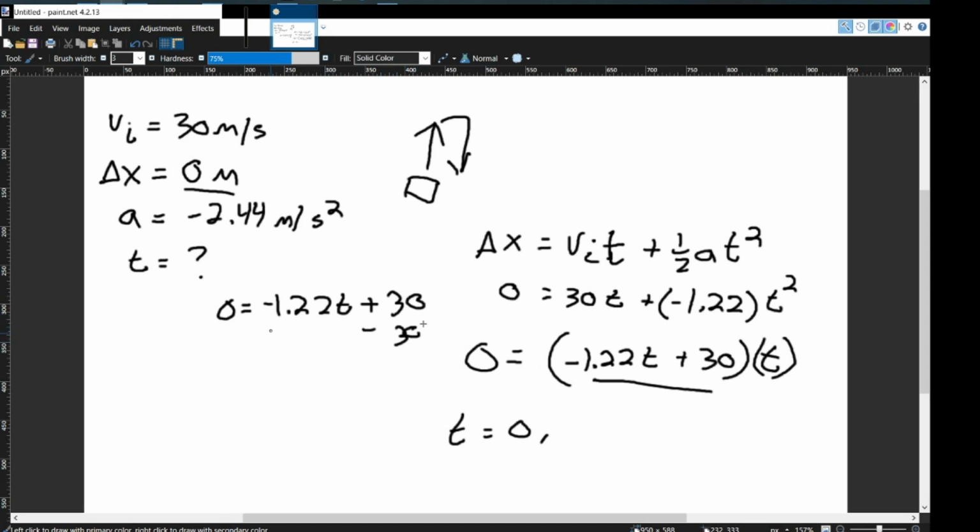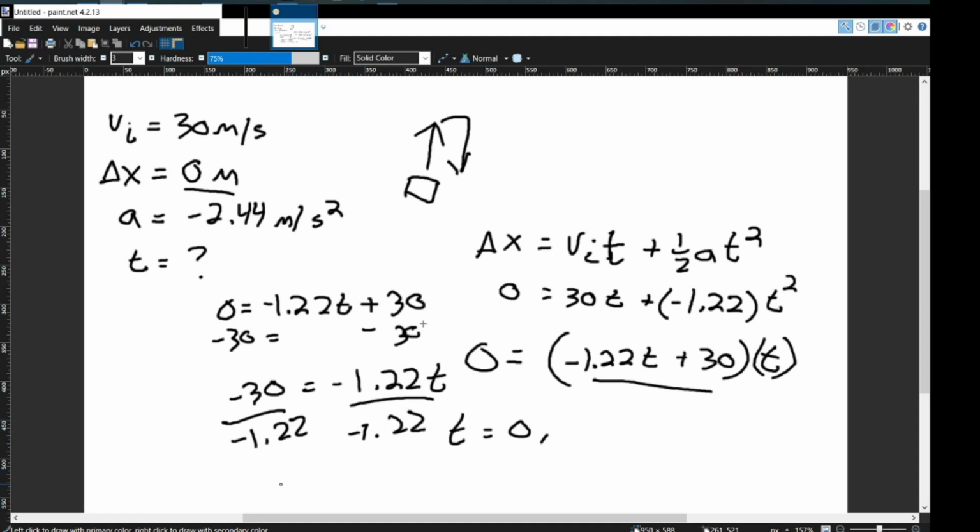Subtract 30 from both sides and you get negative 30 equals negative 1.22t. Divide both sides by negative 1.22, and you end up with t equals 24.6 seconds, and then that's 0 seconds.